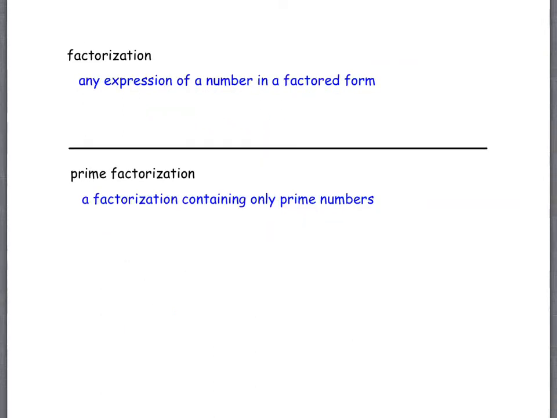Okay? All right, factorization is an expression of a number in factored form. So writing it as a broken down piece of 2 different numbers multiplied together. That's factorization. Now, when we look at prime factorization, that means looking at the factorization in terms of only prime numbers. So that's a little bit different. If you looked at the number 12 that you guys had before, we could write that 12 is 4 times 3.